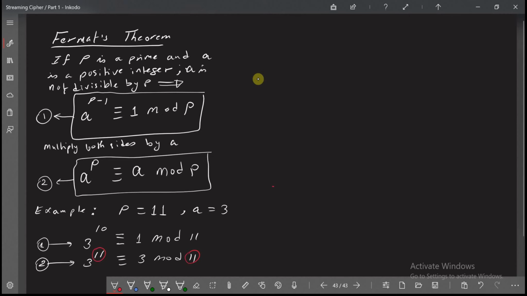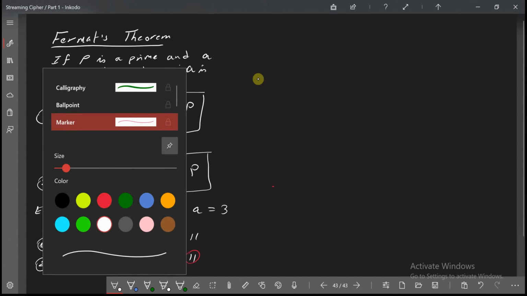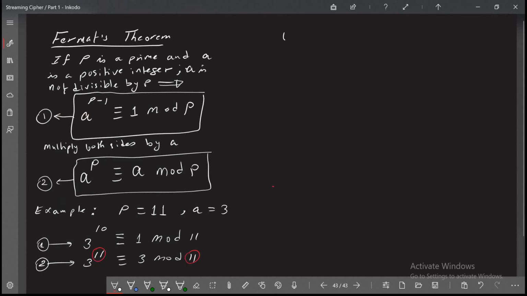Okay, so let's take now a different example. So example 2, assume that we want to perform this computation or evaluate 3 to the power, and let's choose a large one, 3 to the power 201.